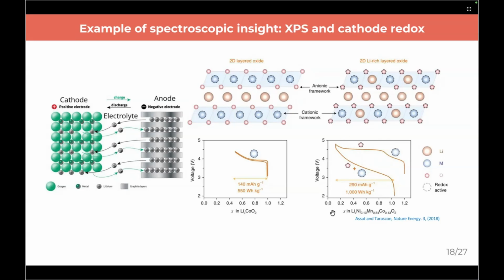So that is why we are interested in what is exactly happening during charging or discharging, or you could also say when the lithium is removed or inserted back into the cathode materials.